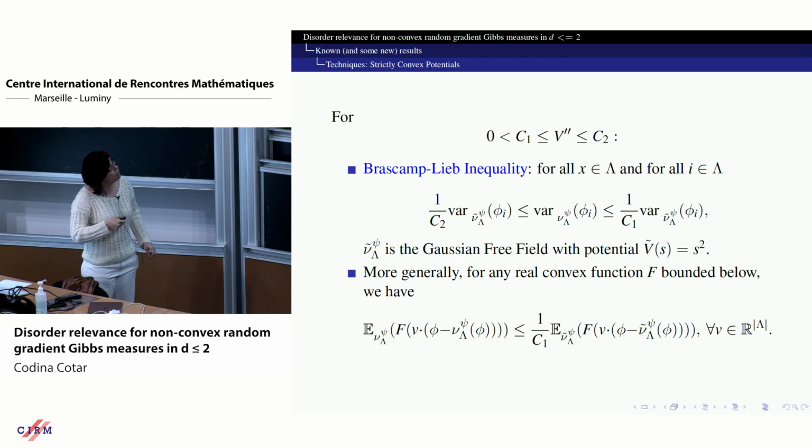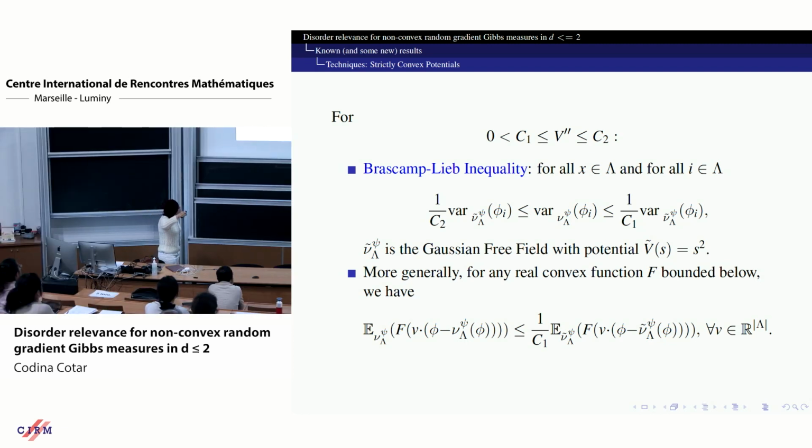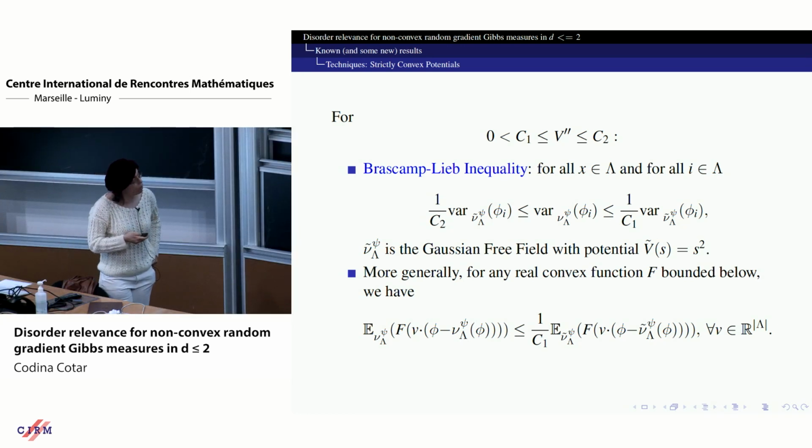And if I look at the variance, I have upper and lower bounds for it by the corresponding variance, but with respect to a Gaussian free field instead of the one with potential V. And this is very useful because this is what allows us to give, for example, existence of the infinite volume measures in this case. And of course, we also have a more general version of this Brascamp-Lieb inequality.